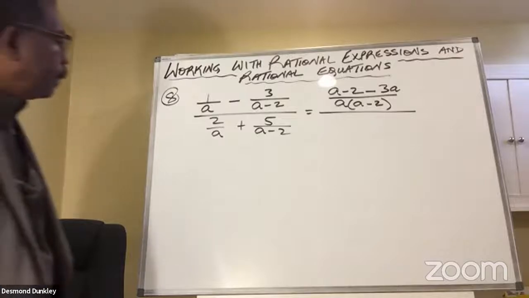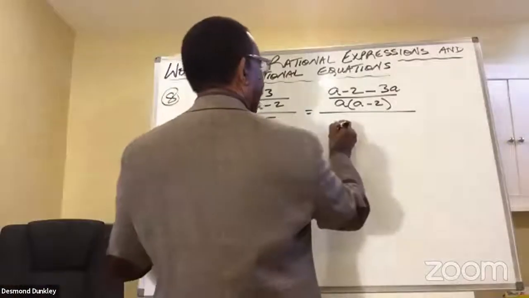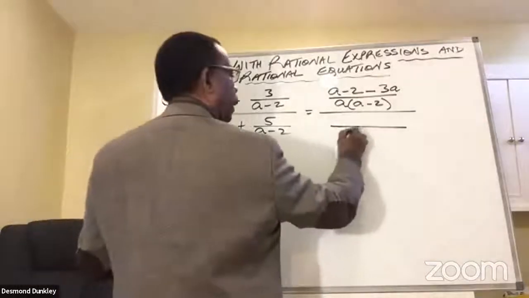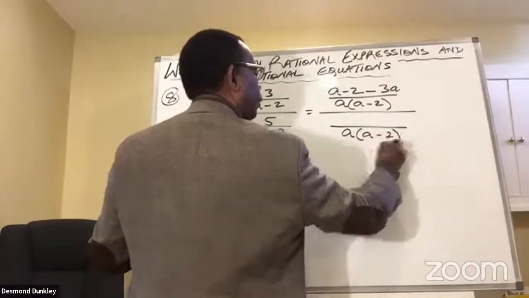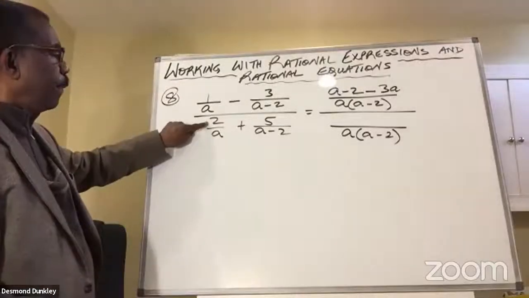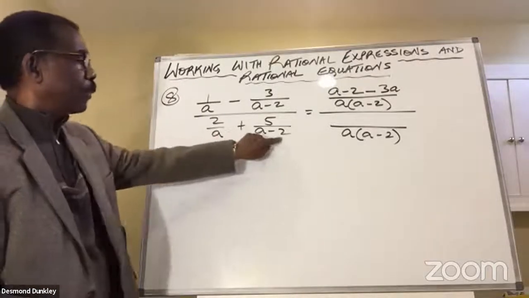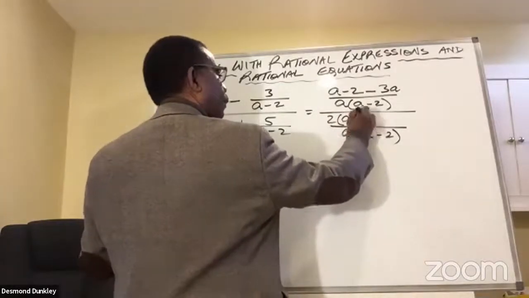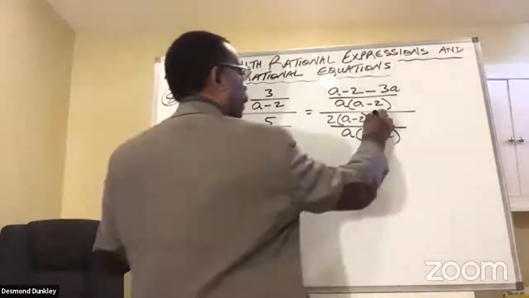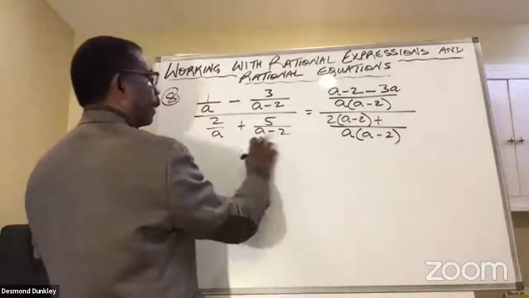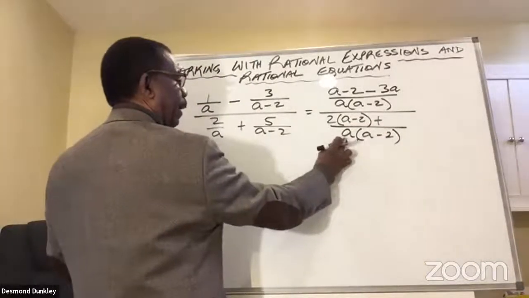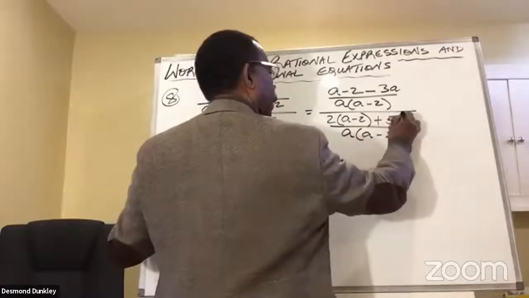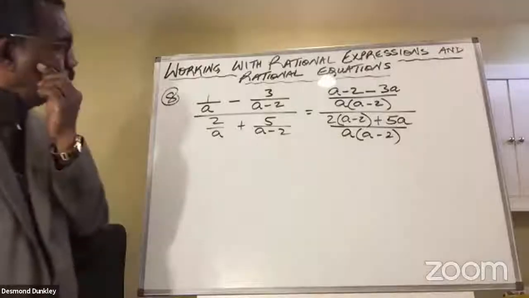Let's go to the bottom. Same thing at the bottom. This and this gives me a times a minus 2. And the top, I have to multiply by a minus 2, so I end up with 2 times a minus 2, plus the bottom here, I have to multiply by a to get this denominator, so I multiply the top by a.